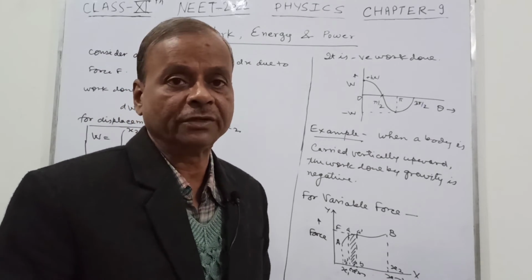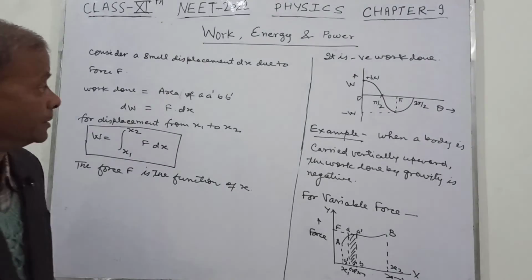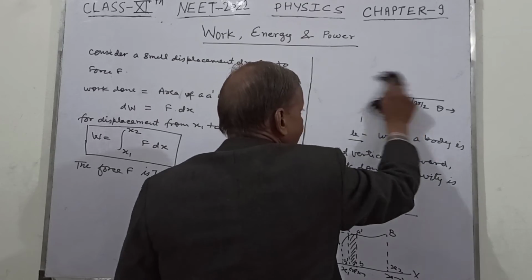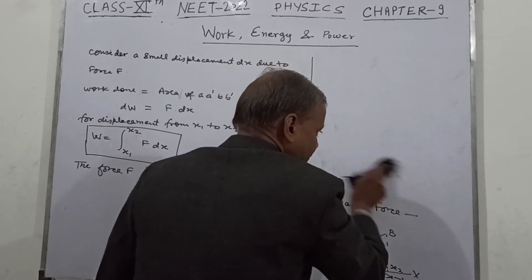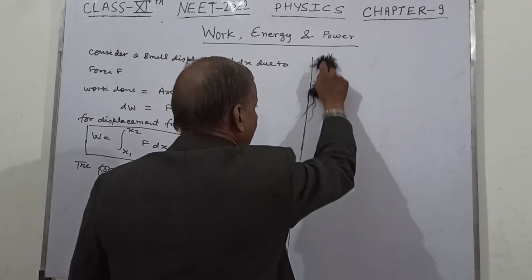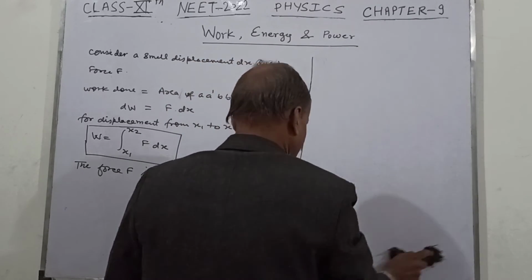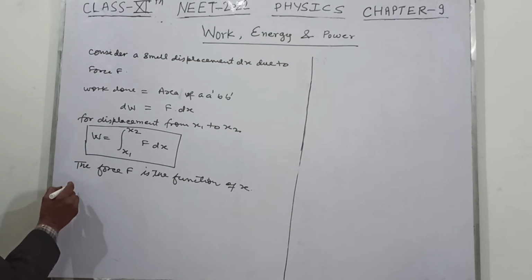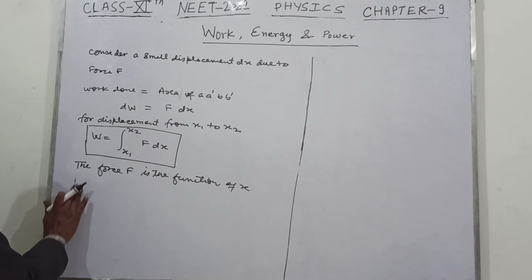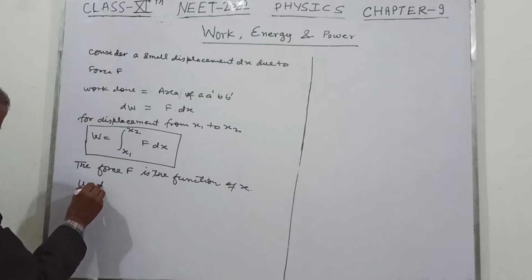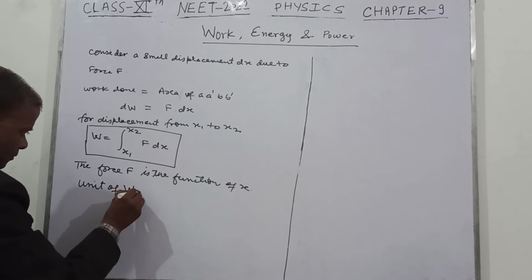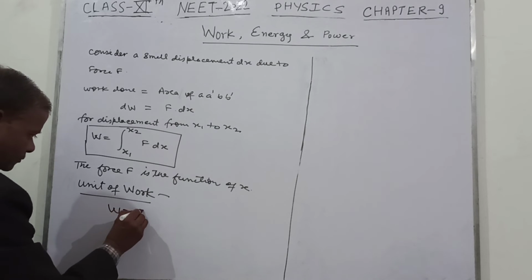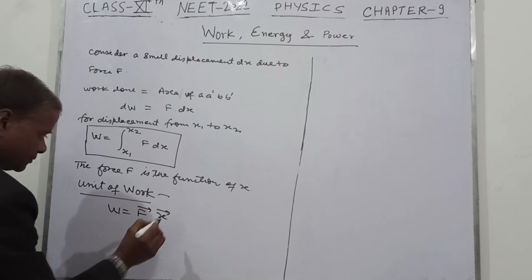This is very important, and now I will tell you about the unit of work done. As we know, W is equal to F dot x.